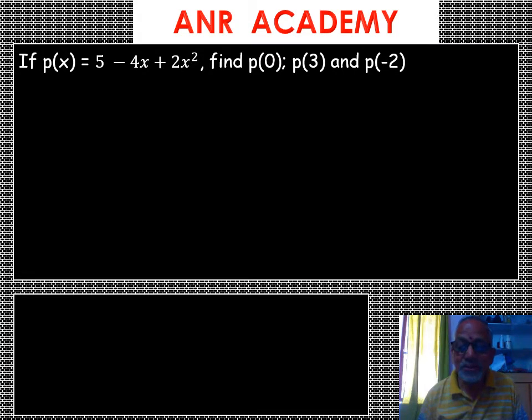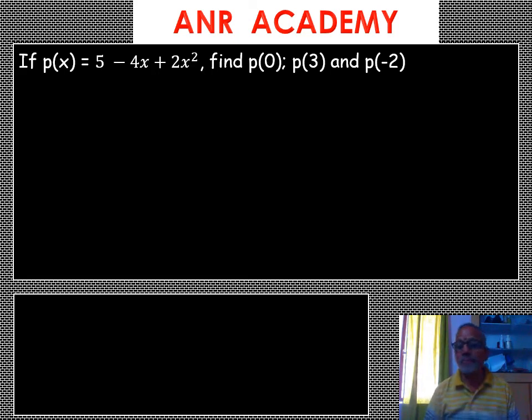So here is your first problem. If P of x is equal to 5 minus 4x plus 2x square, find P of 0, P of 3 and P of minus 2.